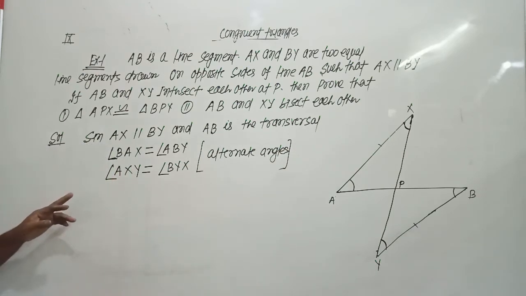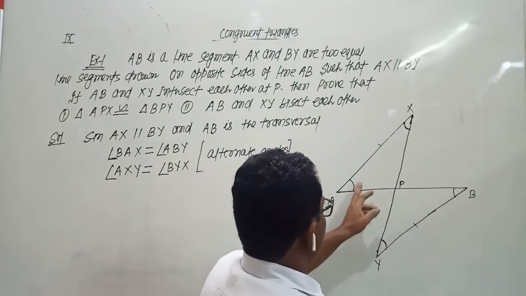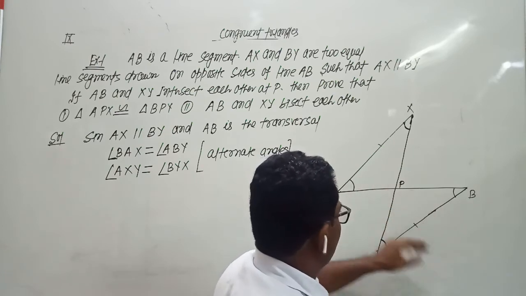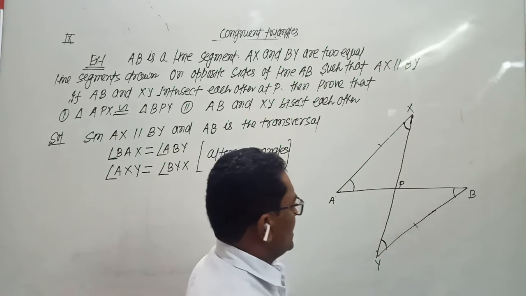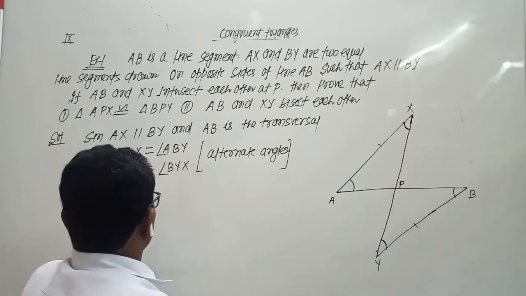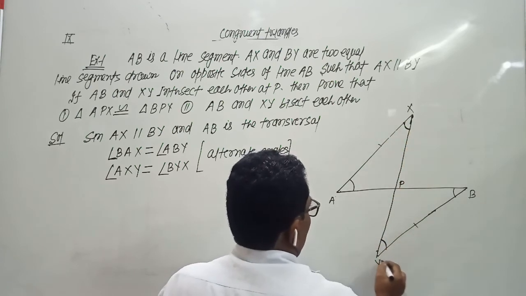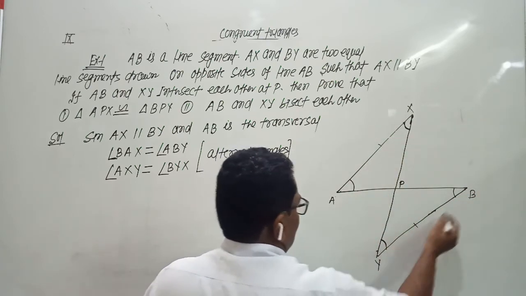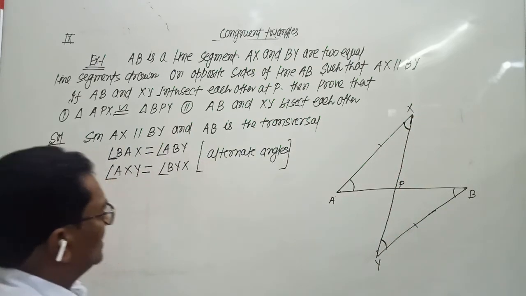Angle BAX equals ABY, two alternate angles because AX is parallel to BY and AB is the transversal. Then angle AXY equals BYX because AX is parallel to BY and XY is the transversal.